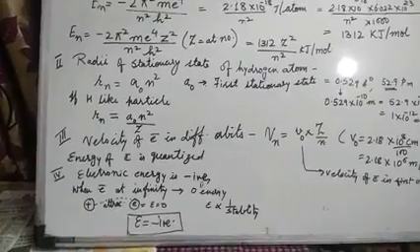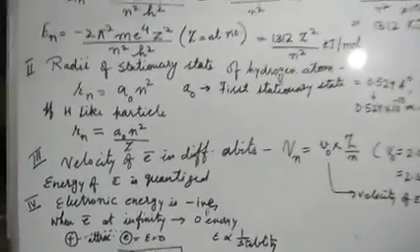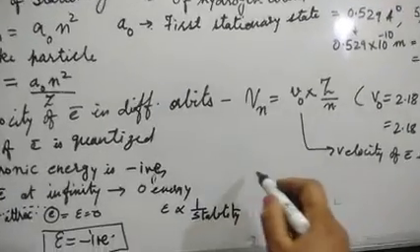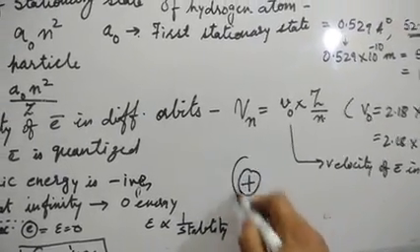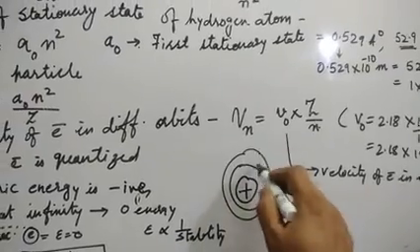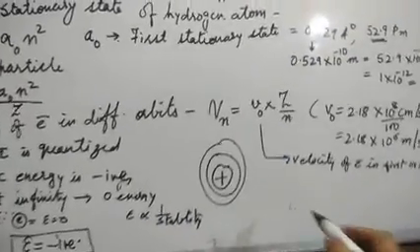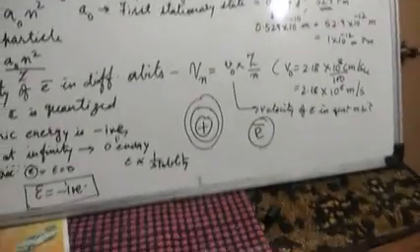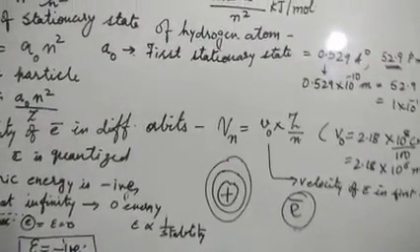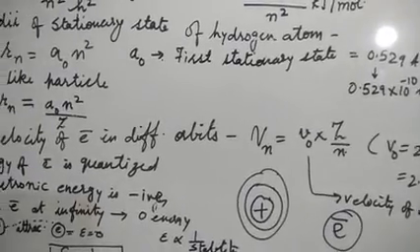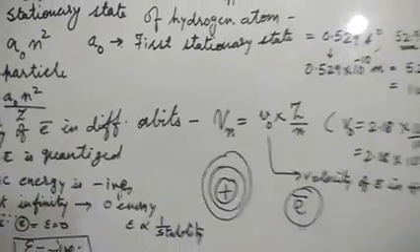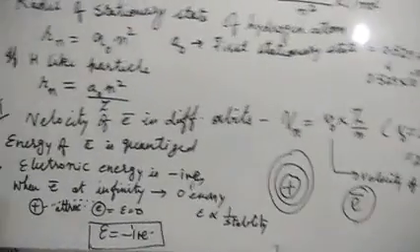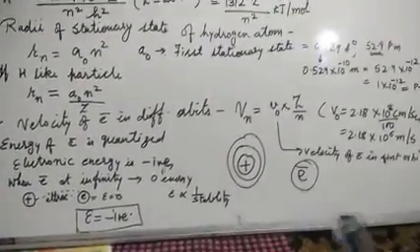In the atom, students, you know that in the center nucleus is present and around that electrons are present. Okay, so if any external electron is at infinite distance from the atom, at that time it will not feel any force of attraction or repulsion.